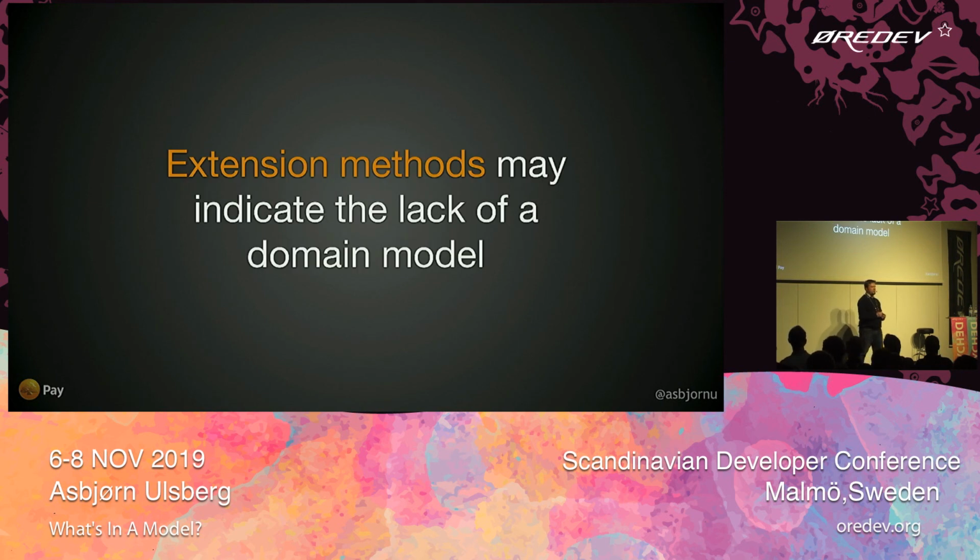Extension methods may indicate the lack of a domain model. It may be a code smell. They are great for classes and objects you don't control, but be aware every time you create an extension method whether it's the right solution to the given problem.